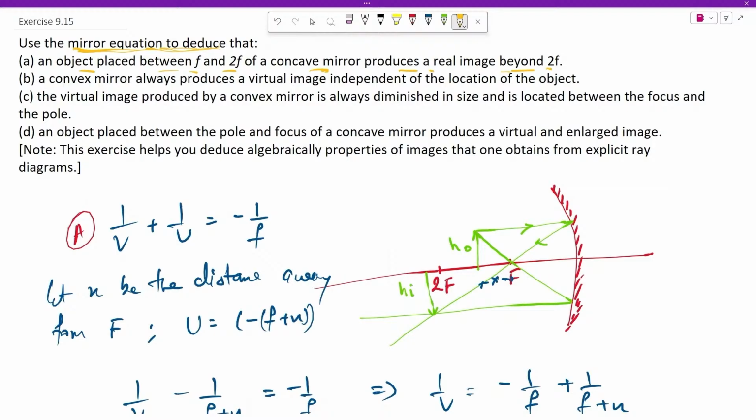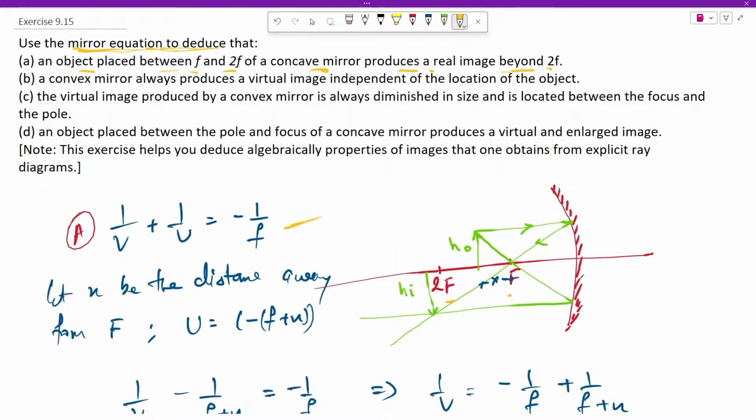So here is a concave mirror, and we have to use the mirror equation. We don't need to rely on the ray diagram. I have just used the ray diagram for the illustration. So we have to prove that when the object is placed between f and 2f, the concave mirror produces a real image beyond 2f. The image will be produced beyond 2f and it will be real.